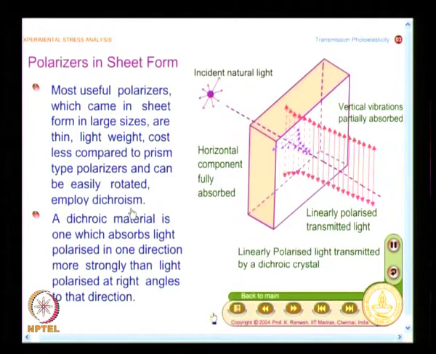And what is the meaning of dichroism? A dichroic material is one which absorbs light polarized in one direction more strongly than light polarized at right angles to that direction. So, that is what you see here. This horizontal component is absorbed, vertical component is allowed to pass through.